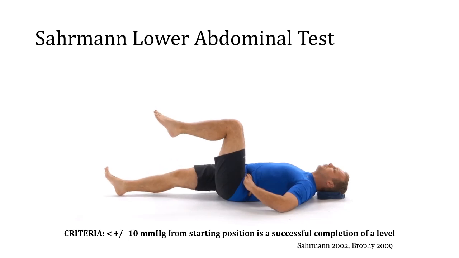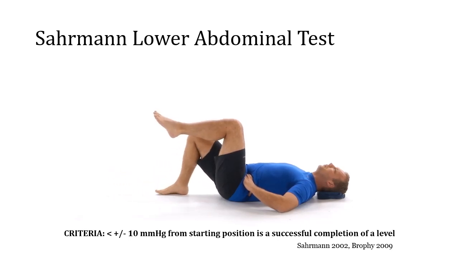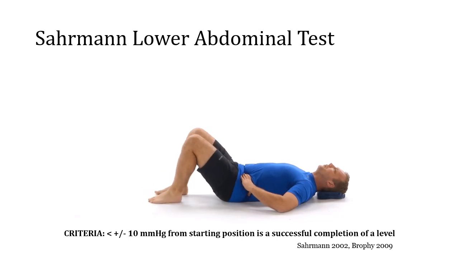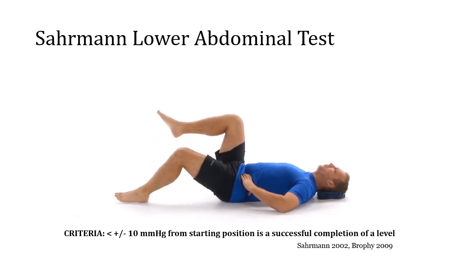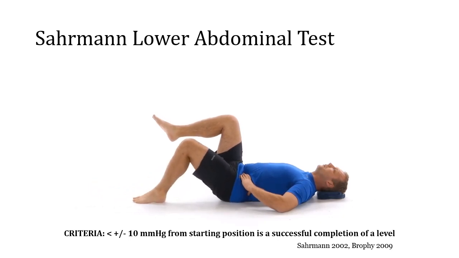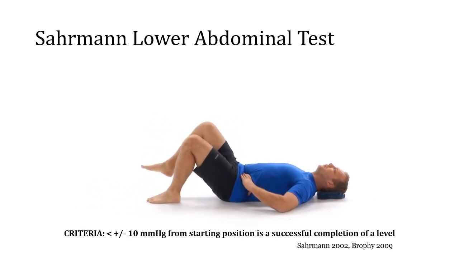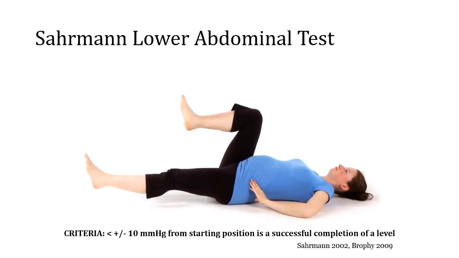Okay, level 2 is one foot held in the 90-90 position while the other one slides out. Though the video denotes an alternating position with one foot going down and the other one coming up, this is actually described as both legs being held in the 90-90 position as the foot slides out.